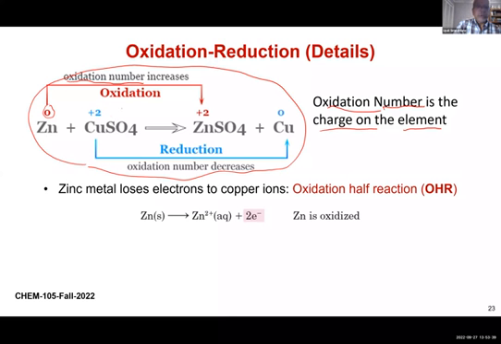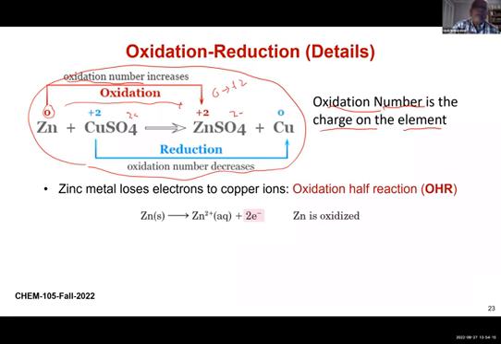Because sulfate ion is 2 minus, copper needs to have the charge balance. Sulfate is 2 minus as well. When this reaction takes place, zinc placed in copper sulfate, the zinc oxidation number increased from 0 to +2.